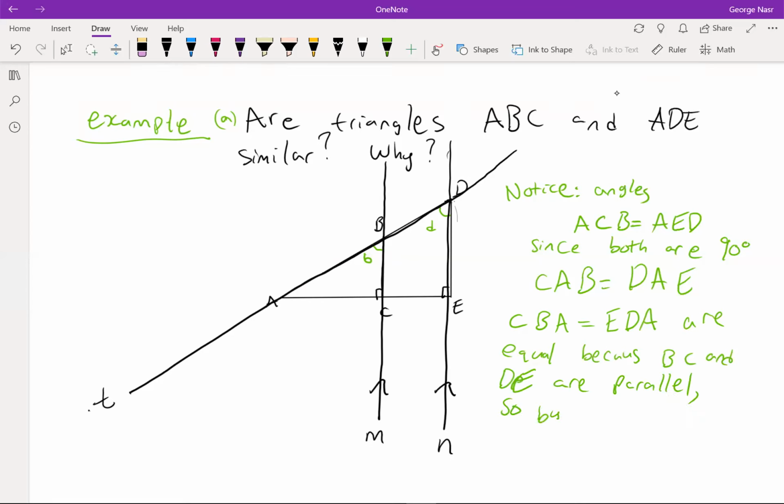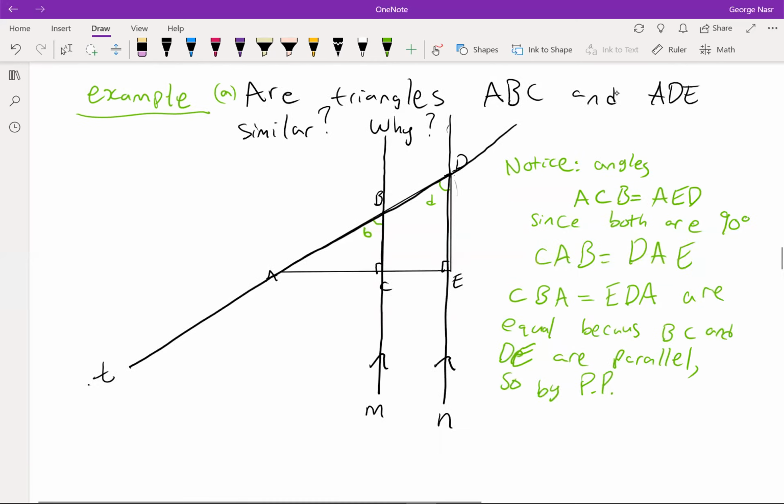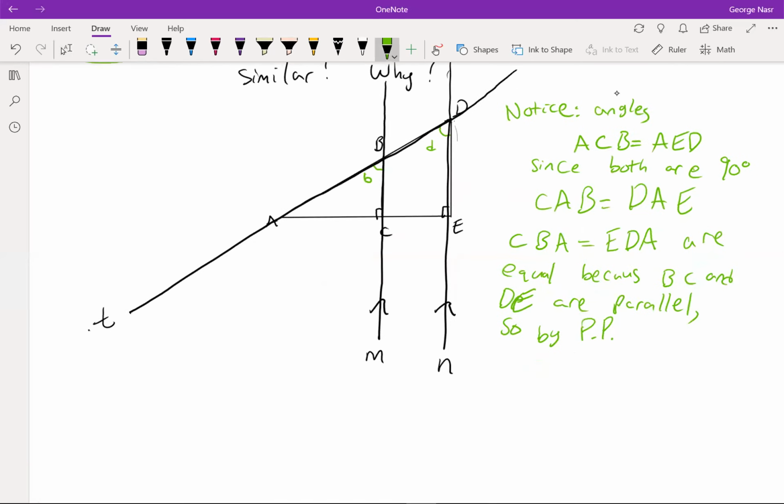So by the parallel postulate, corresponding angles are equal. And we can see from the picture that angles B and D are corresponding angles.